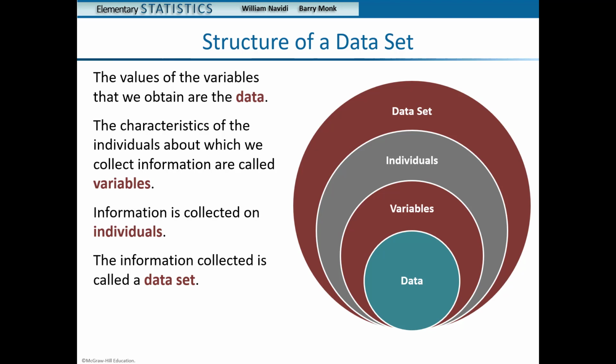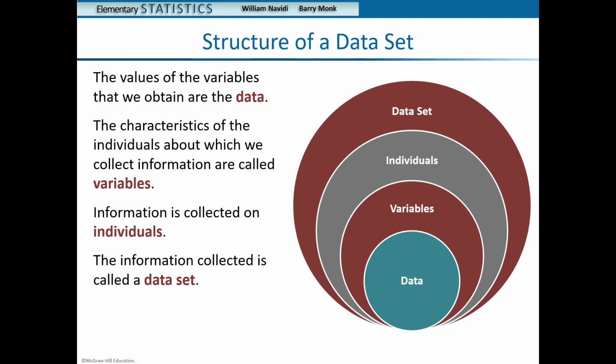Really any characteristic of an individual is called a variable, right? And then the values of the variables really are just the values assigned for each individual, right? So if the variable is age, then the values would just be the ages of the individuals in our sample, right?